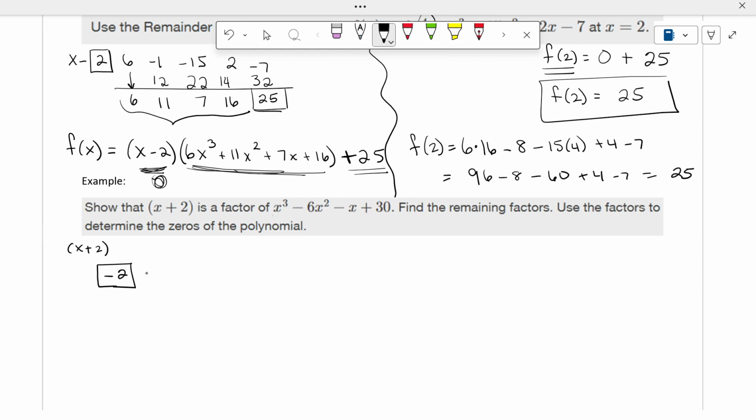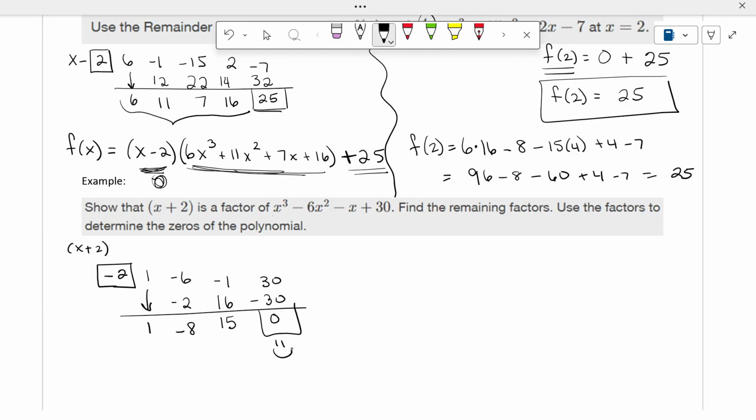My coefficients are 1, negative 6, negative 1, positive 30. Bring 1 straight down, multiply by the number in the box, add, multiply by the number in the box, add, multiply by the number in the box, remainder is 0.